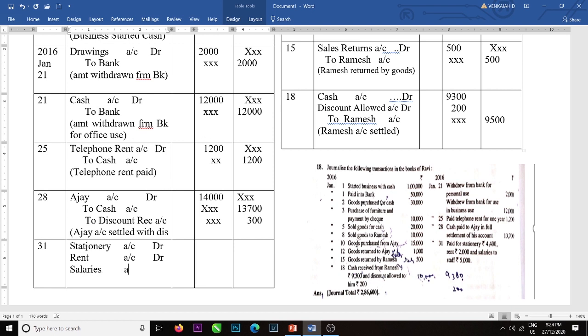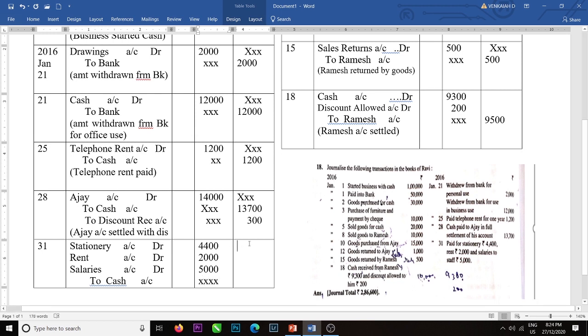Salaries account debit. To cash. Cash is credited because it is going out: 4,400, 2,000, 5,000, total 11,400. Narration we can write: expenses paid.